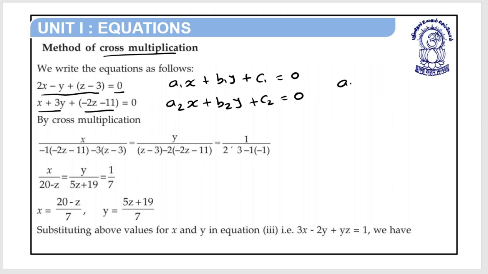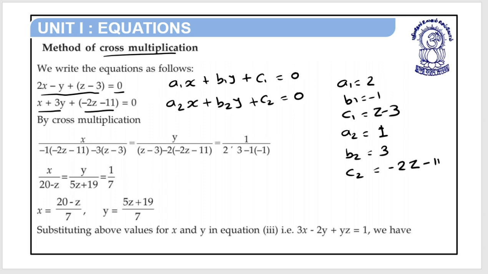Here a1 is equal to 2, b1 is equal to minus 1, c1 is equal to z minus 3. a2 is equal to 1, b2 is equal to 3 and c2 is equal to minus 2z minus 11. Now put into cross multiplication.